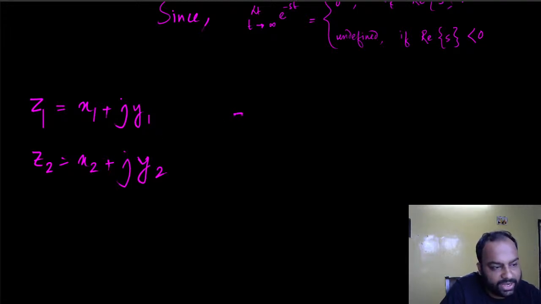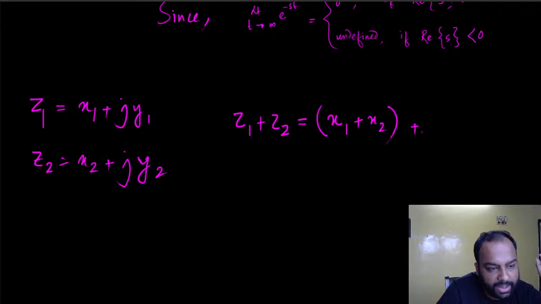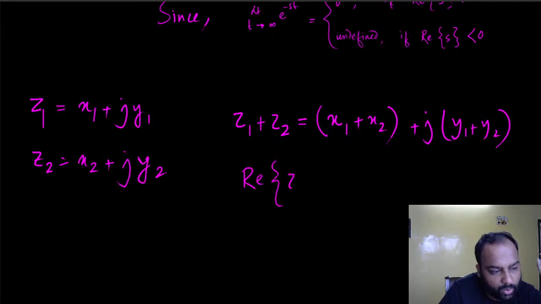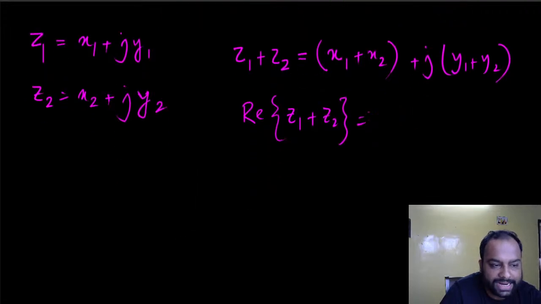So what if I add these two numbers? z1 plus z2, you know complex number addition. This is going to be x1 plus x2 plus j times y1 plus y2. So what is the real part of z1 plus z2? That's going to be x1 plus x2.